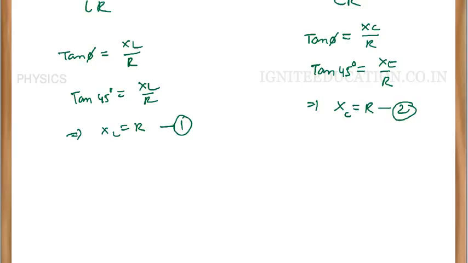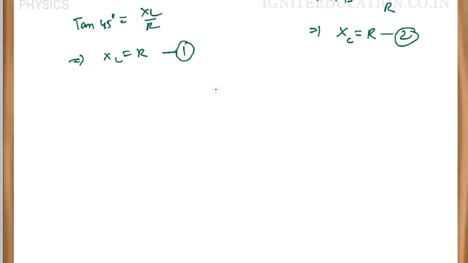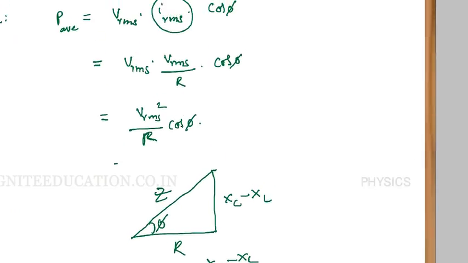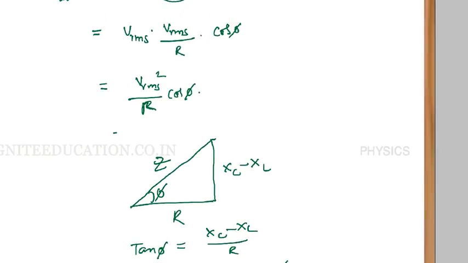Now I am going to find the P average of the total circuit. P average is equal to Vrms square by R into cos phi.